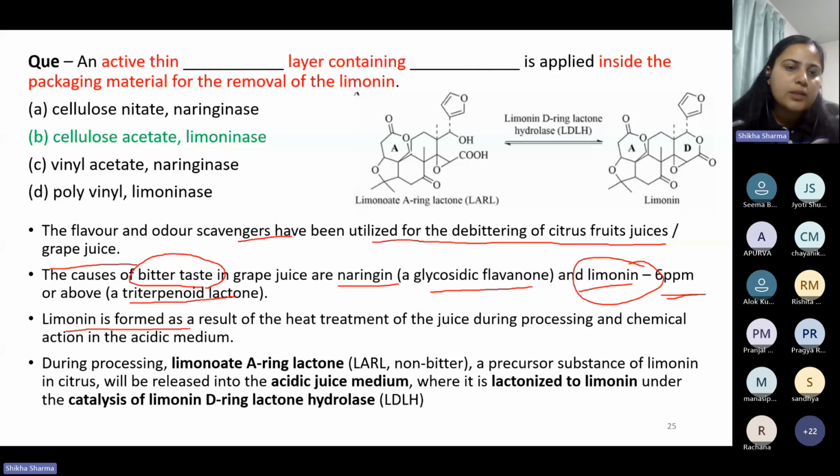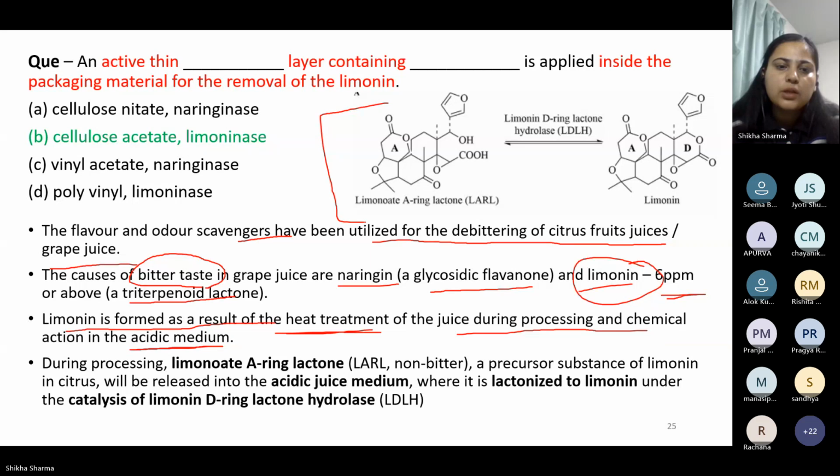Limonin is formed as a result of heat treatment of the juice during processing and chemical action in acidic medium. So what happens? During processing, LARL, which is limonoate A ring lactone, is converted into limonin, the bitter compound.